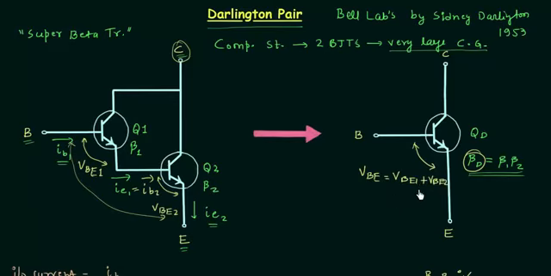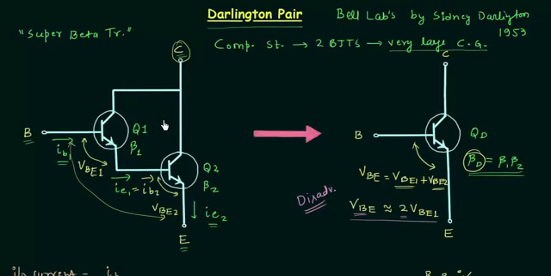If we consider VBE1 nearly the same as VBE2, then VBE is nearly equal to twice VBE1, and this is one of the disadvantages of the Darlington pair. We do not want the base emitter voltage to be high, but in this case it is twice the base emitter voltage of a normal transistor.